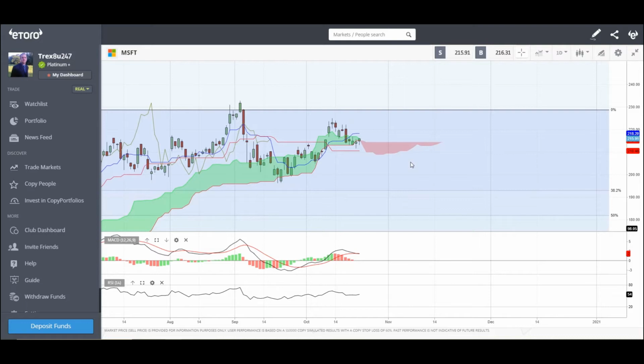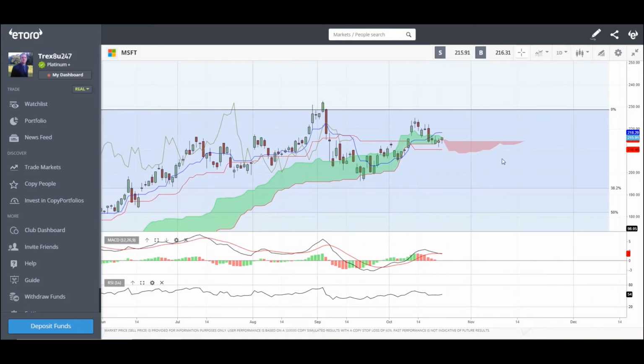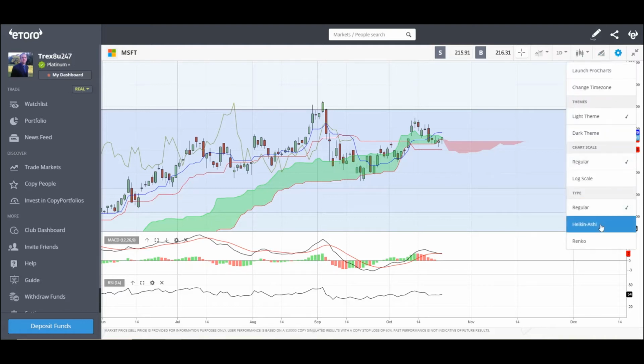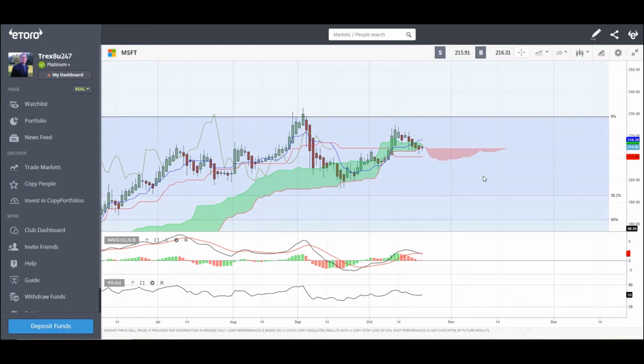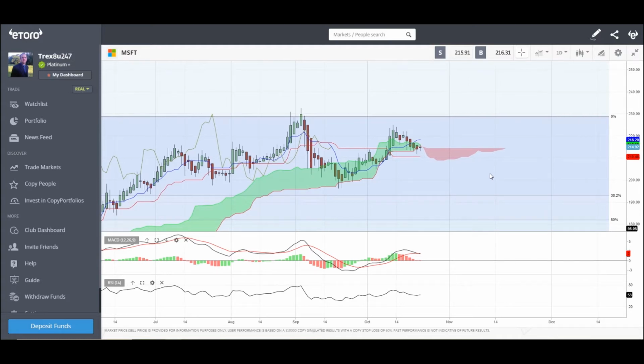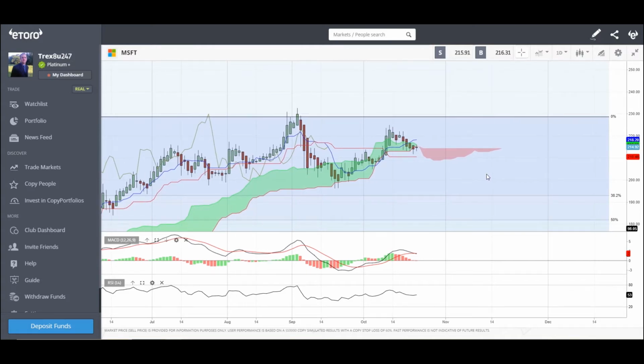This chart looks very similar to the last one. Probably find a little bit of pullback below that red before it starts climbing again.